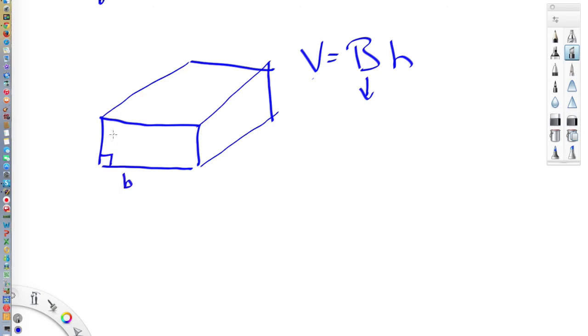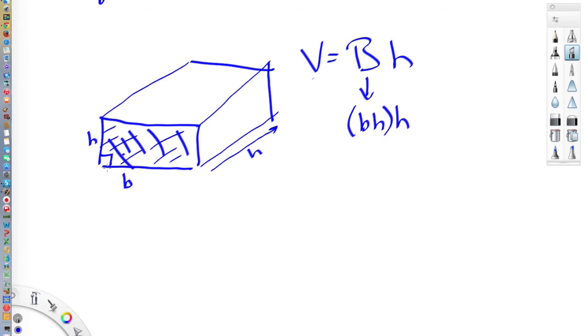I find big B by taking the base times the height of my rectangle, and then I multiply by the height of the prism, how high or how long it is. That's where I get the second H from.